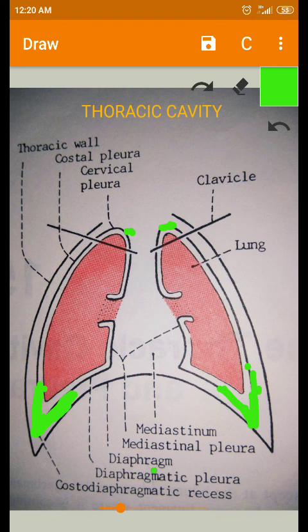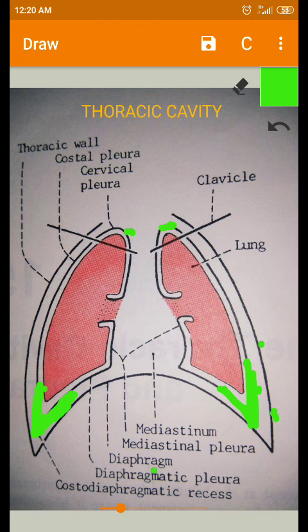Vertically it measures about 5 centimeters and extends from the 8th rib to the 10th rib along the mid axillary line.